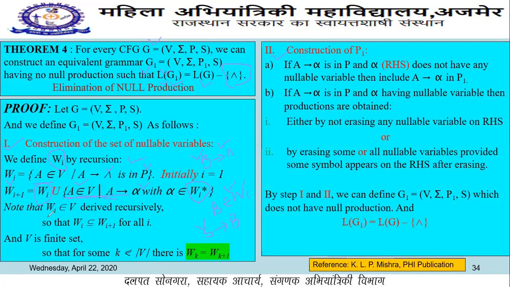Wi belongs to the set of variables in a given grammar G, and Wi is always a subset of its successor, and because V is a finite set, having a finite number of variables in a given grammar G, for a particular value of k we get this restriction where the previously calculated set of nullable variables is equal to its successor.